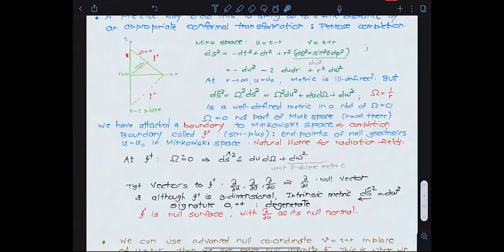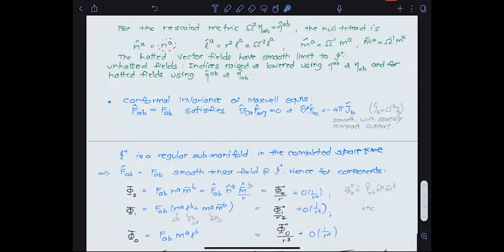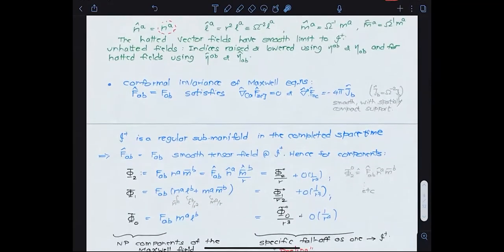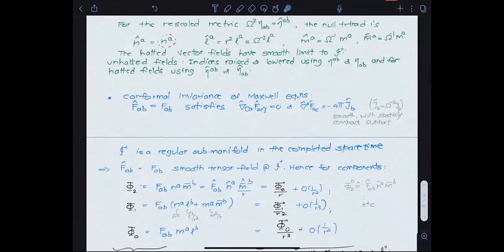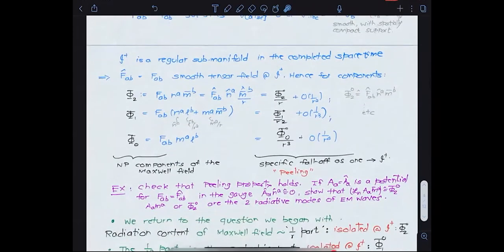If phi 2 naught is not equal to 0, then as we will see in a minute, this electromagnetic field carries energy and momentum and angular momentum across null infinity, away from the sources. So to summarize, we start with this question: can we talk about the radiation part of the electromagnetic field?